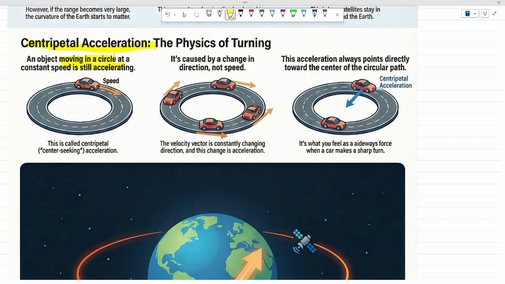We still need to talk about the idea of acceleration that exists in a uniform circular motion, where a car, for example, is moving in a circle at a constant speed. It's still accelerating towards the center of the circle.